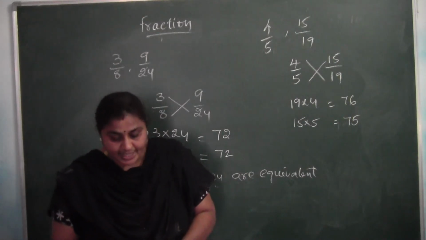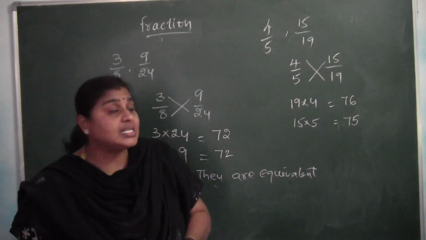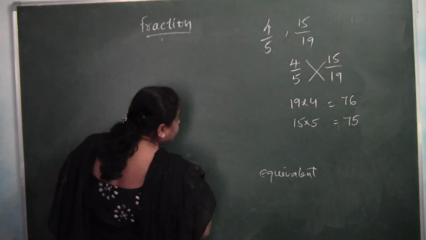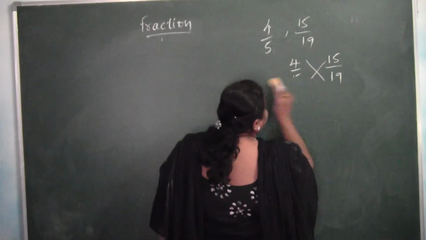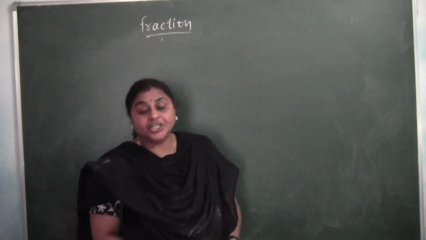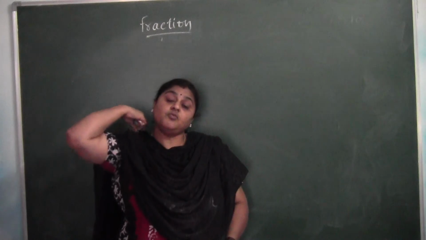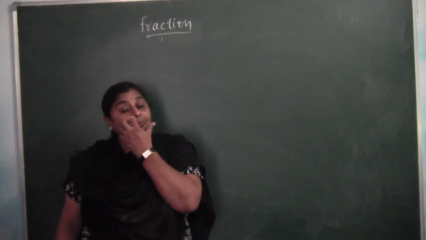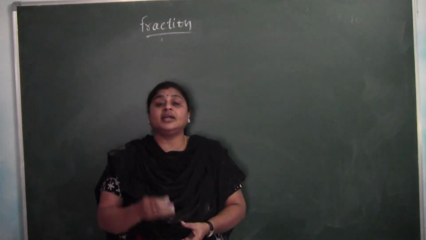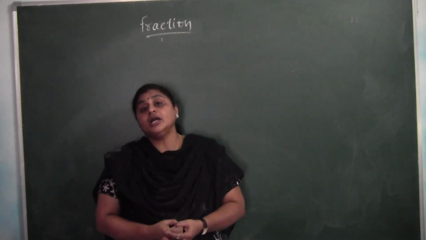Coming to your exercise 1.3, a very simple exercise. In this exercise, you have to convert a given fraction into its simplest form. Now how do you check whether the given fraction is in its simplest form or not?